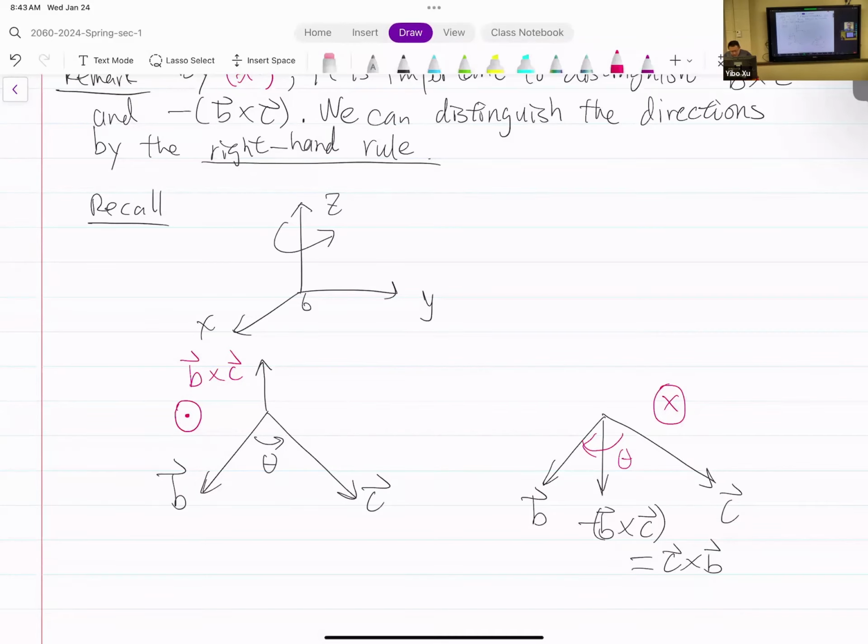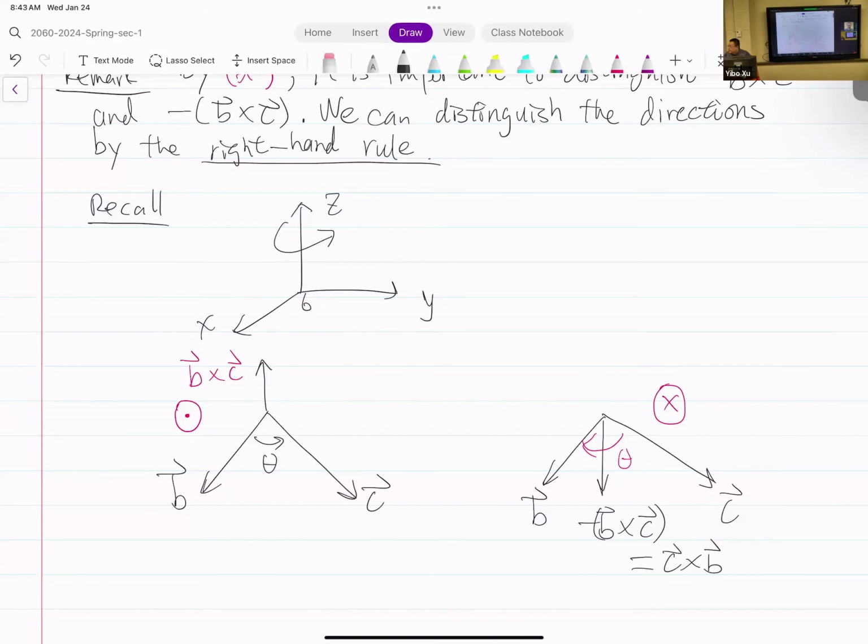Counterclockwise for the picture on the left. But they're opposite because you just chose a different order, right? So B cross C, C cross B, exactly opposite. So it's good. But the bottom line is that they both follow the right-hand rule. So whenever you do the cross, and you want to decide the direction of the cross, it has to follow the right-hand rule.